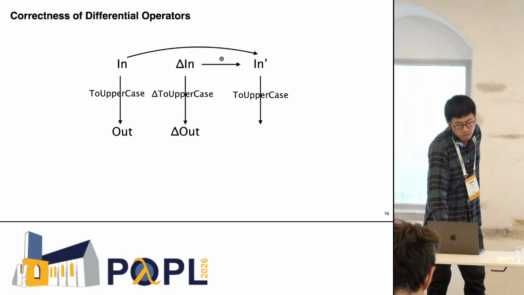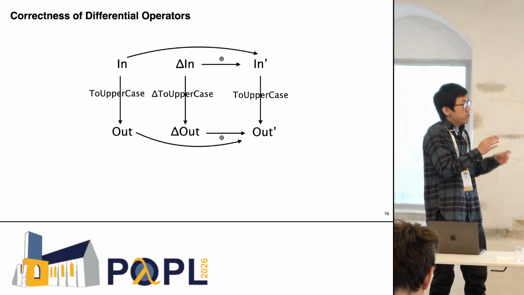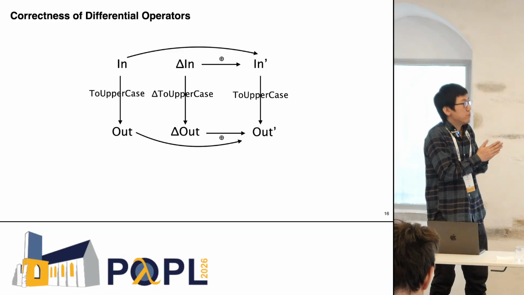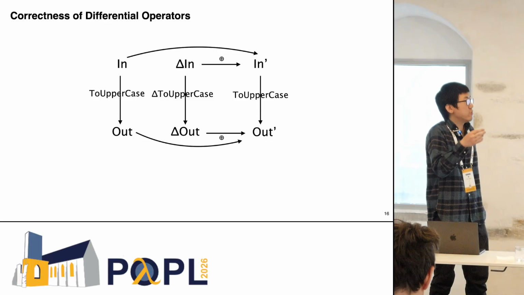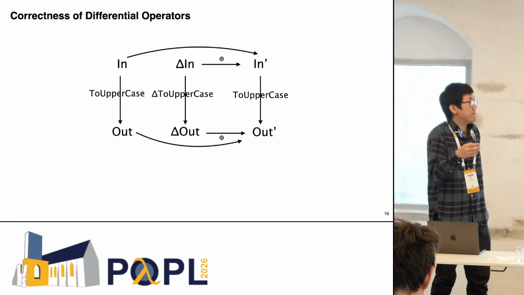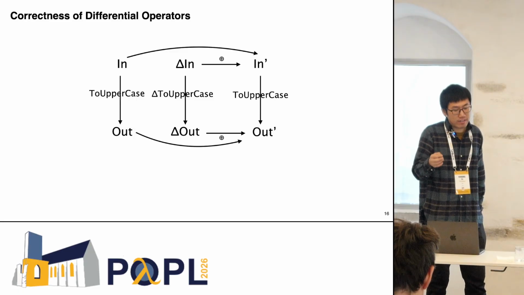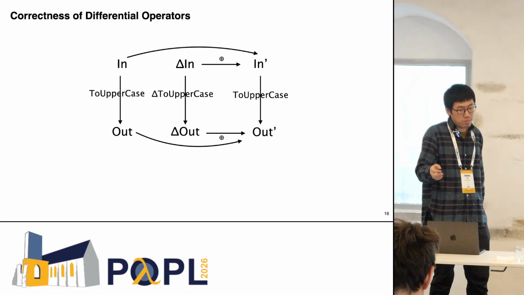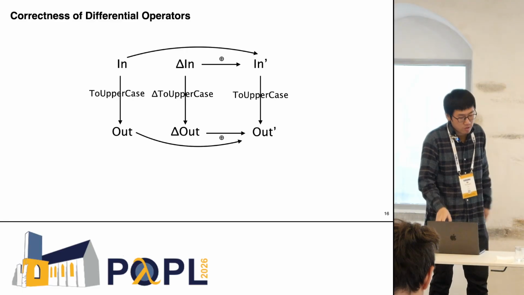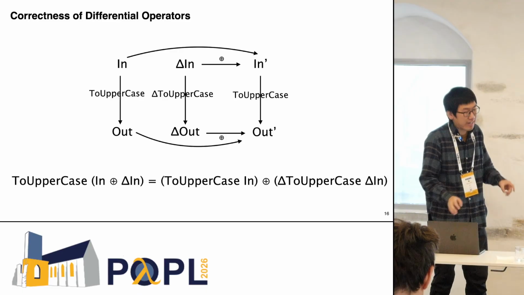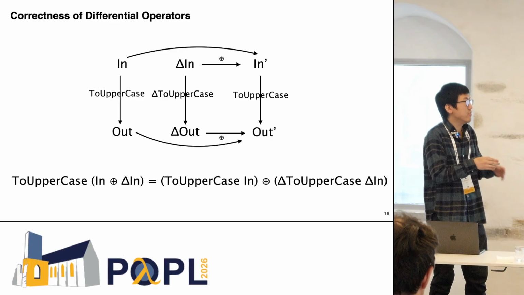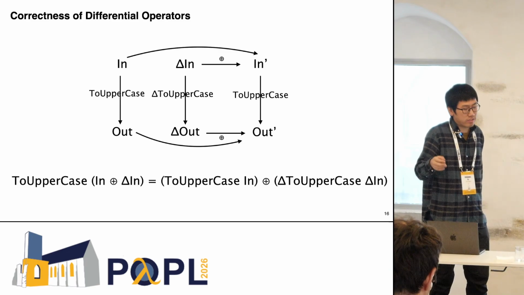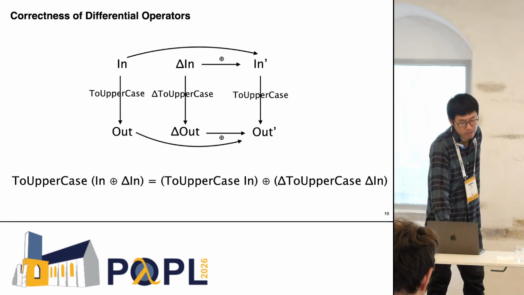And also, we use the output change to update the output, and if the value is the same as doing a recomputation from the updated input to the output, the diagram commutes. Then basically we can say that the delta toUppercase does a correct job.